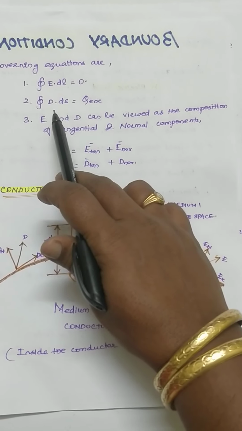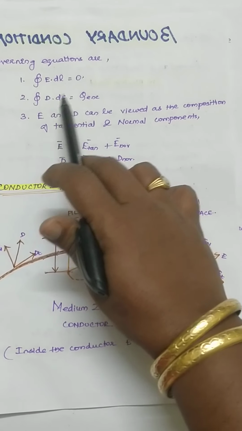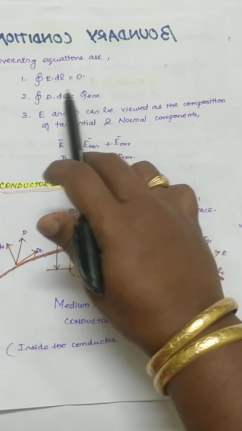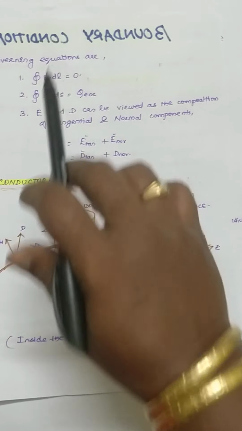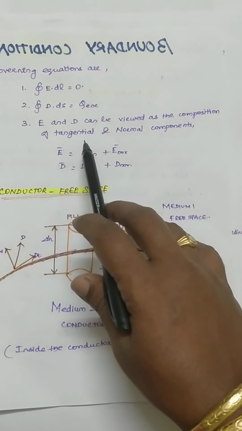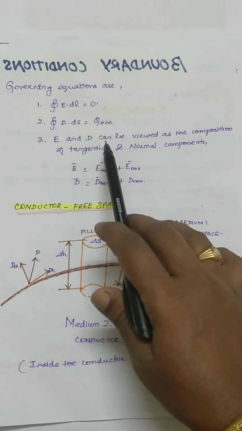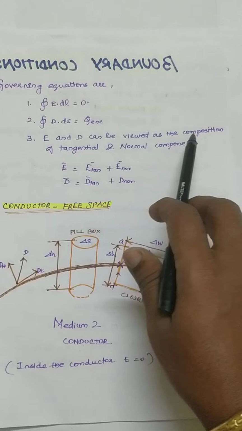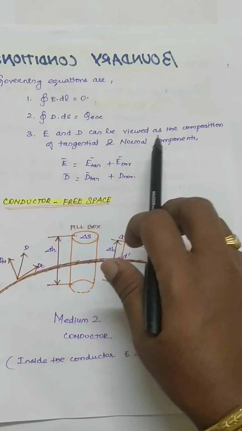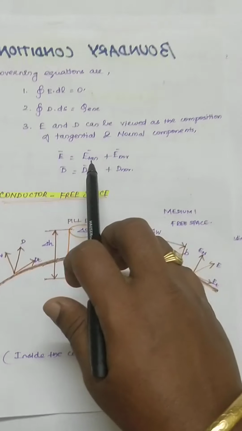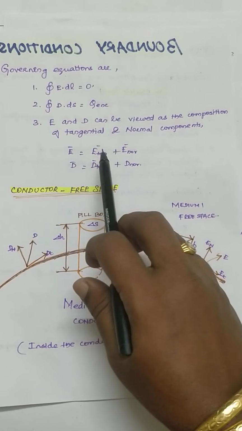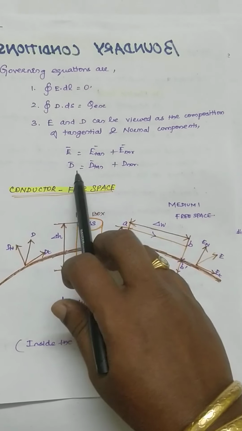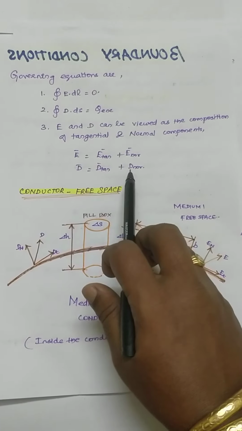The surface integration of D dot ds is equal to the charge enclosed. Third condition, E and D, electric field intensity and the electric flux density, can be viewed as the composition of tangential component and the normal component. Mathematically defined as E equal to E tan plus E normal, D equal to D tan plus D normal.